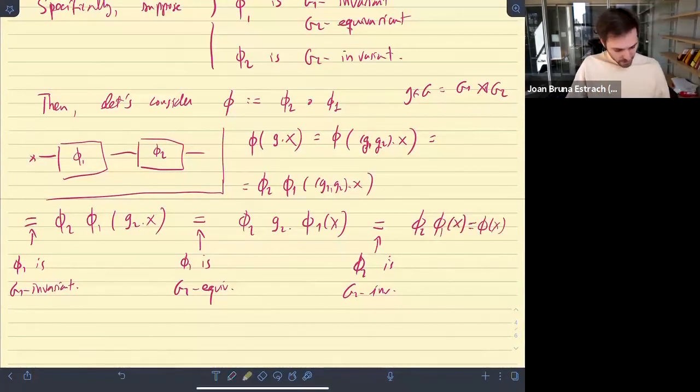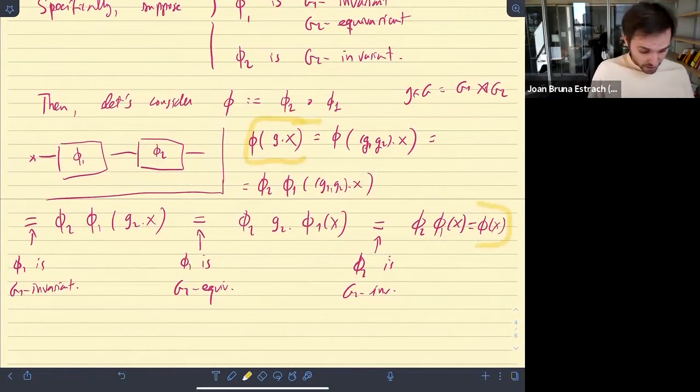So we end up with the result that phi of g times x equals phi of x for all x and for all g.